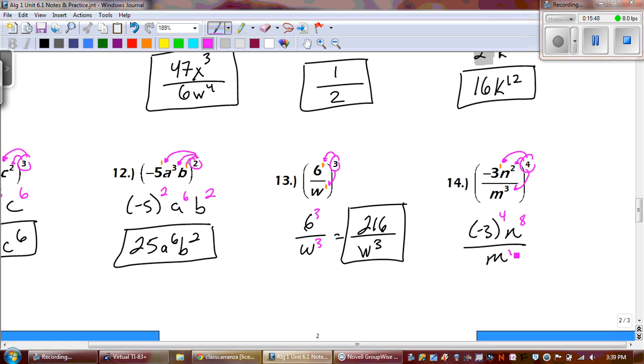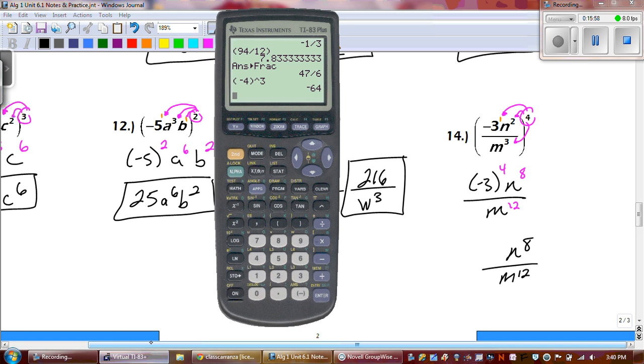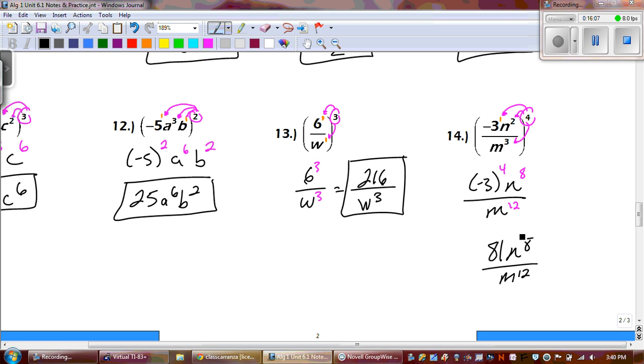And then 4 times 3 is 12. Okay? So our final answer for this, we have n to the 8th, m to the 12th, but we need to figure out what -3 raised to the 4th power is. And you get +81. Okay? So since we can't reduce anything, that is our final answer.